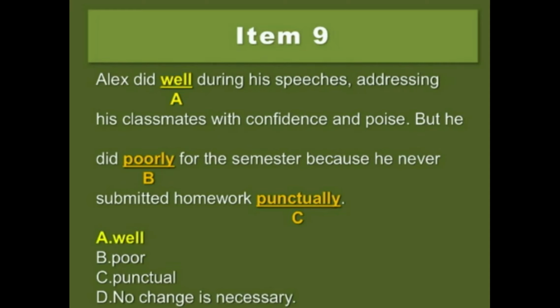Here, letter A, good, the adjective, should be exchanged for well. It is also an adjective, however, we are using formal grammar here. Instead of saying Alex did good, formal grammar would say Alex did well.